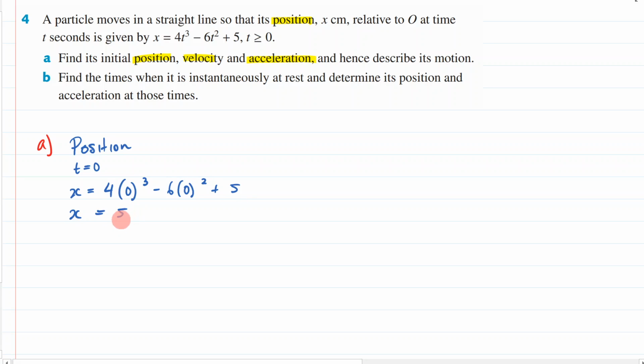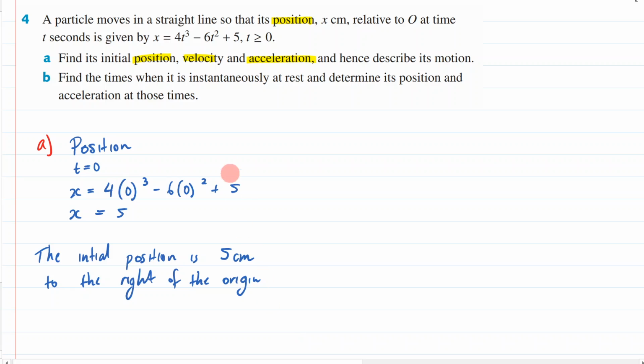Now, we can say what that means. What that means is that the initial position is 5 centimeters to the right of the origin.